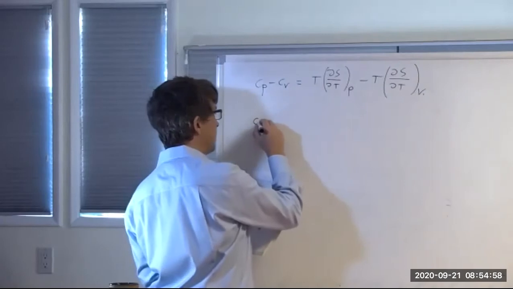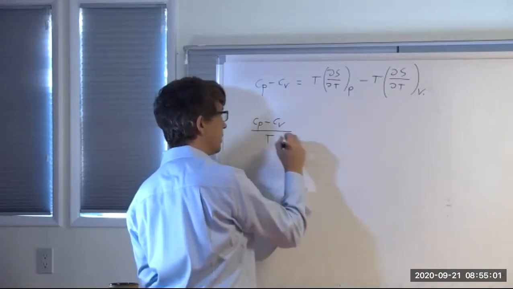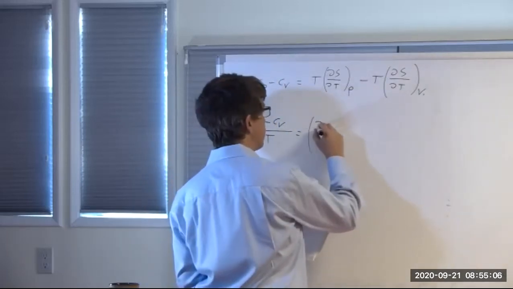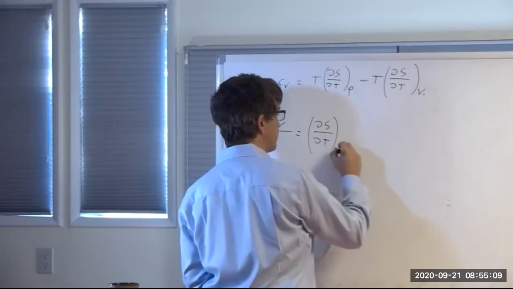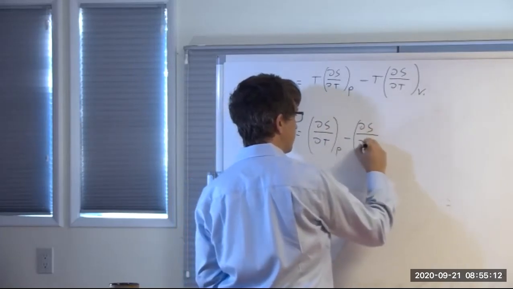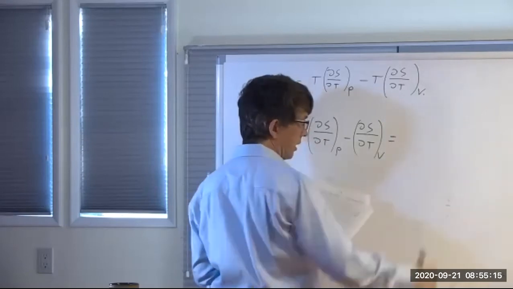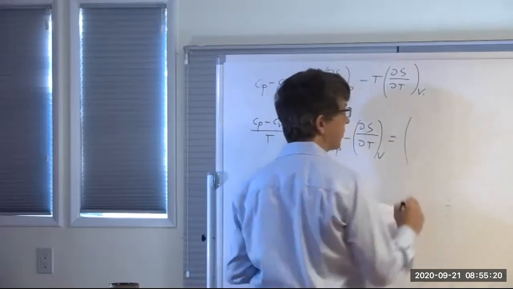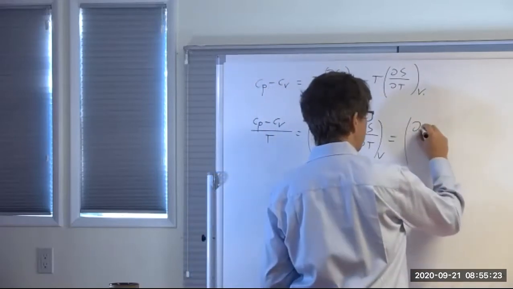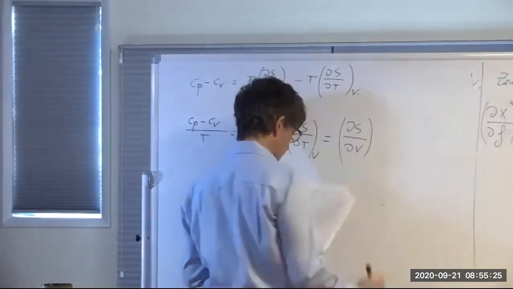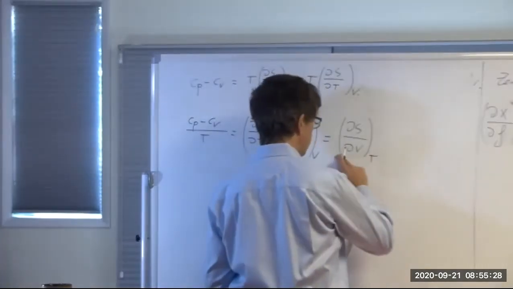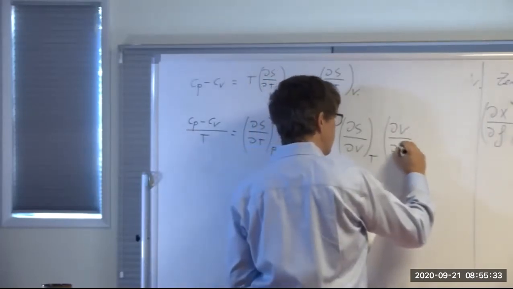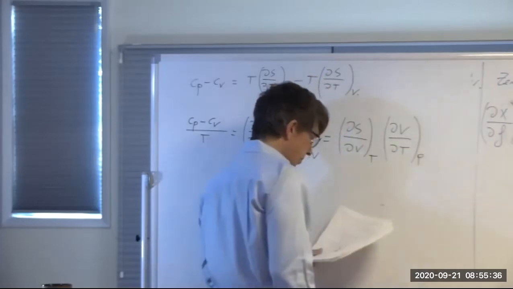So that means that Cp minus Cv, I'm going to bring the T over to here, so I don't have to carry it around, is this difference in entropy derivatives, ds dt at constant p minus ds dt at constant v. And now let's apply this relation to it. The difference is going to be how S changes with volume at constant T times how volume changes with temperature at constant P.